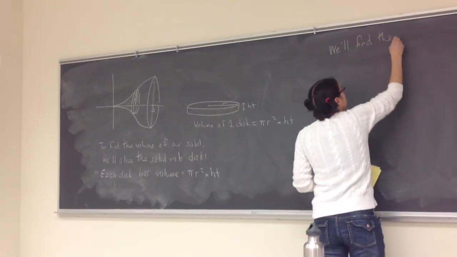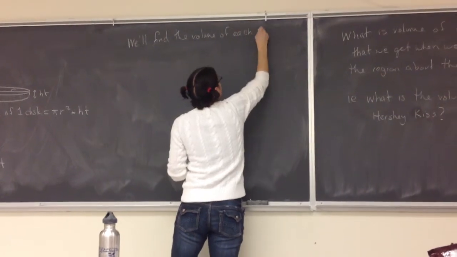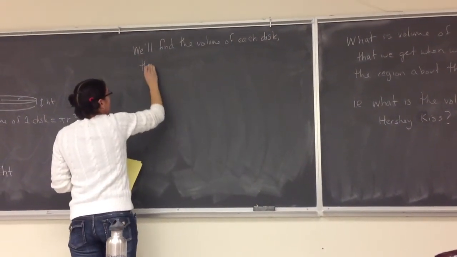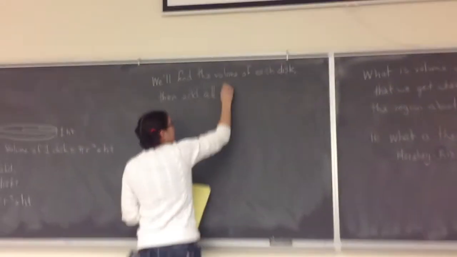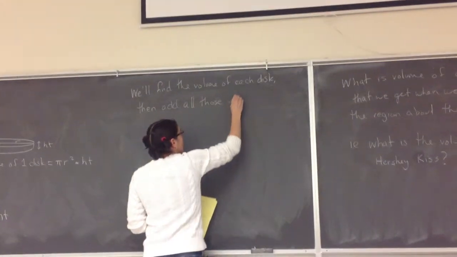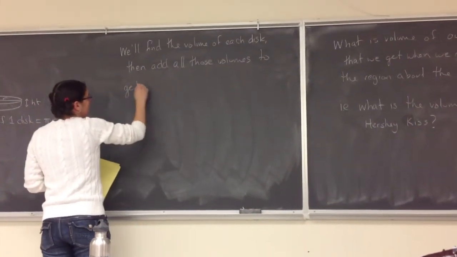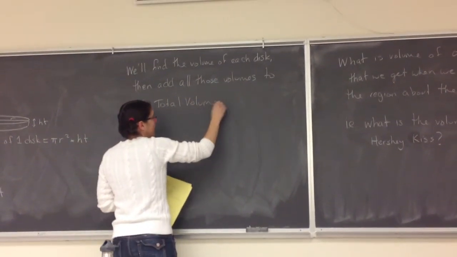We'll find the volume of each disc, then add all those volumes to get our total volume of the solid.